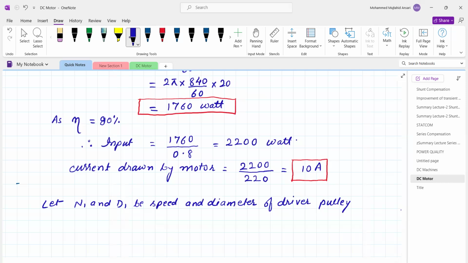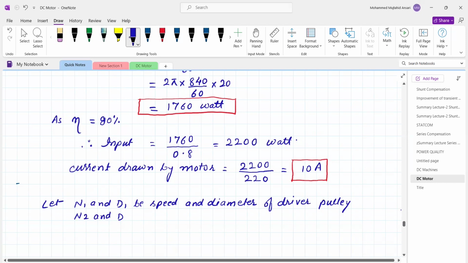Similarly, N2 and D2 will be the speed and diameter of the lathe pulley.